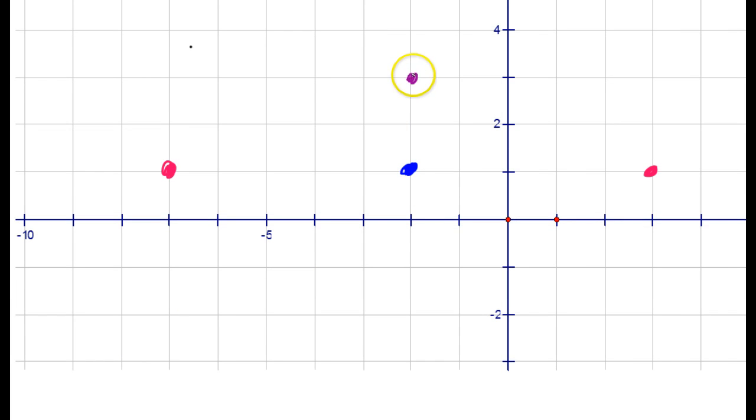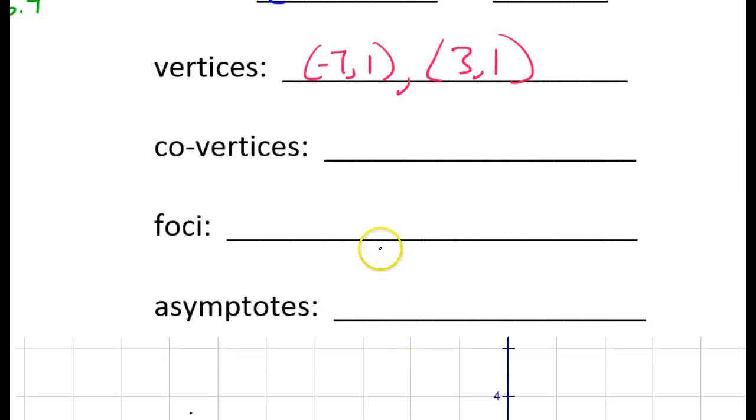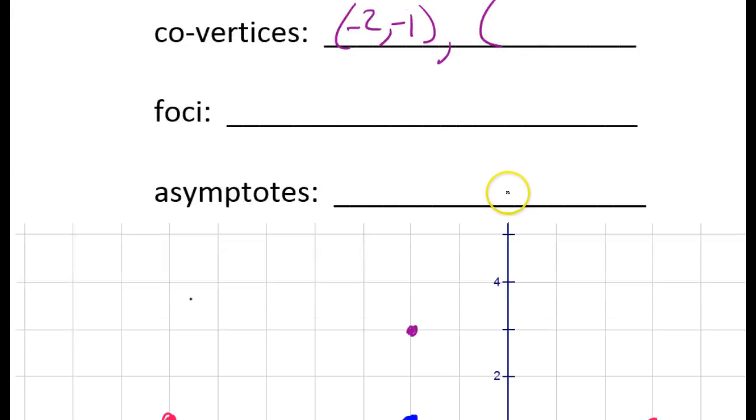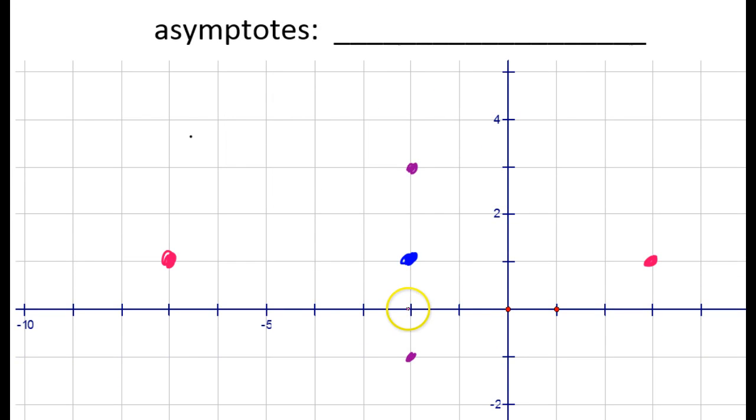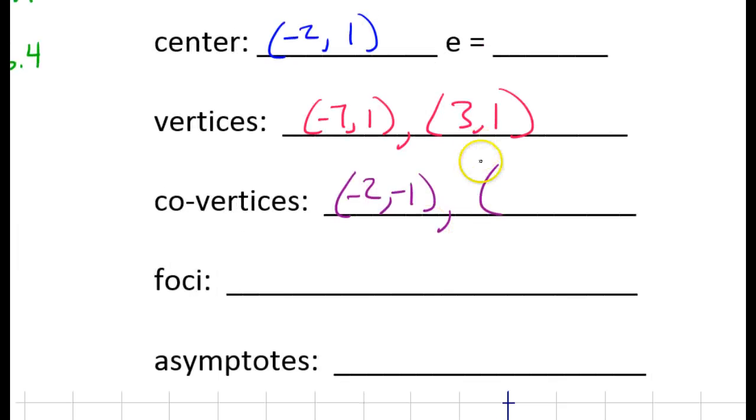My co-vertices will be here and here. I have a co-vertex at -2, -1, and another co-vertex at -2, 3.